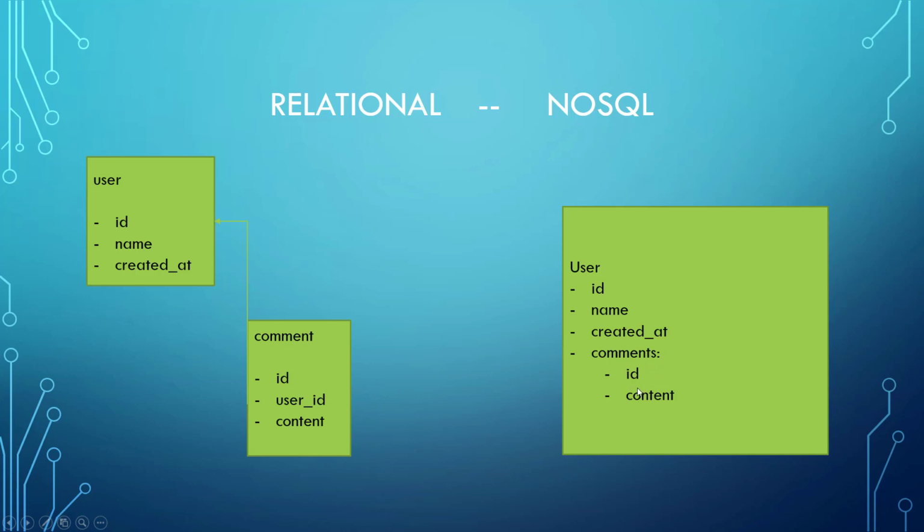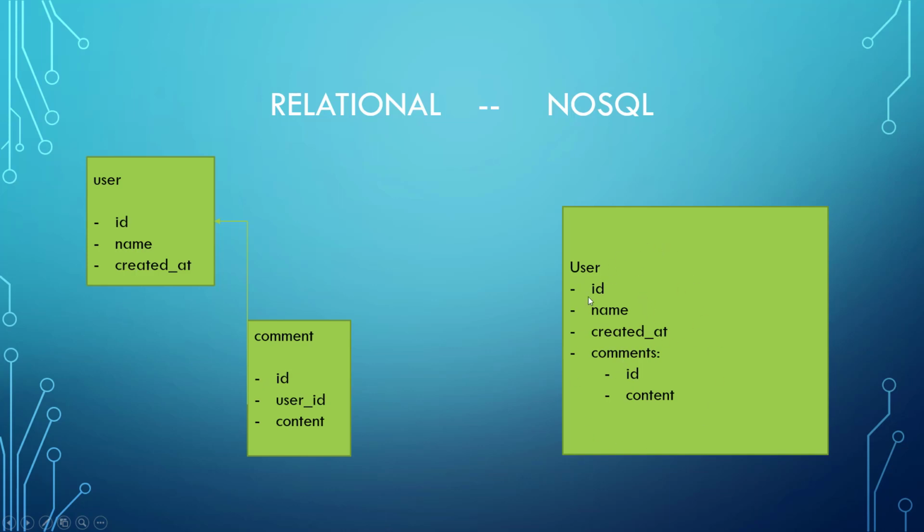I don't want to indicate an array, but this is a list, so this could also be many, of course, and I can then directly get to all the comments of a particular user. Now, in a NoSql approach, it's not necessary to work like this. So there are possibilities to get the same kind of functionality out.